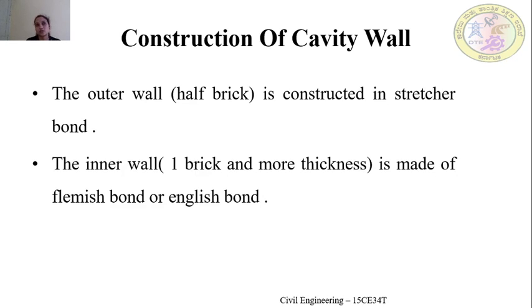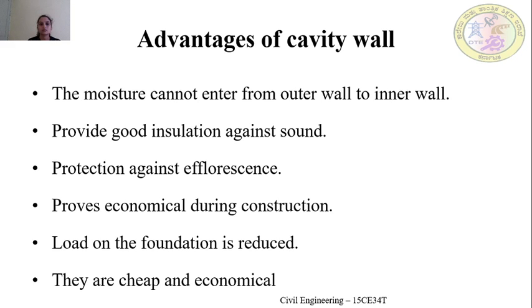Not necessarily, but if it has to support more load, then in such cases we can go for thicker walls compared to the outer wall. So the inner wall is made of either Flemish bond or English bond, or any other ordinary bond can be utilized for the inner wall construction.